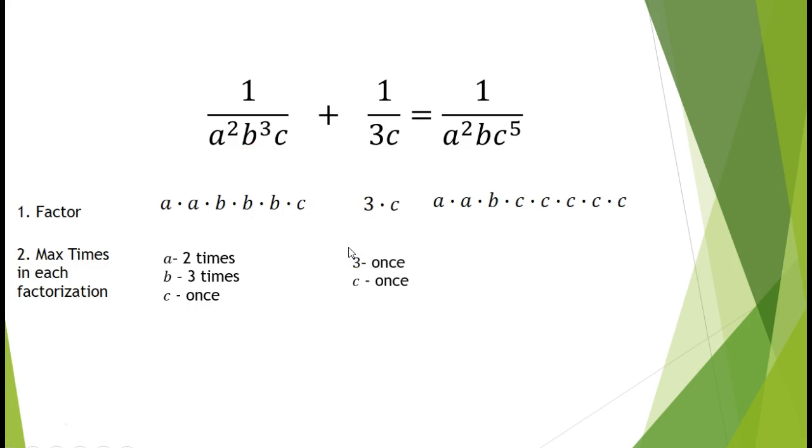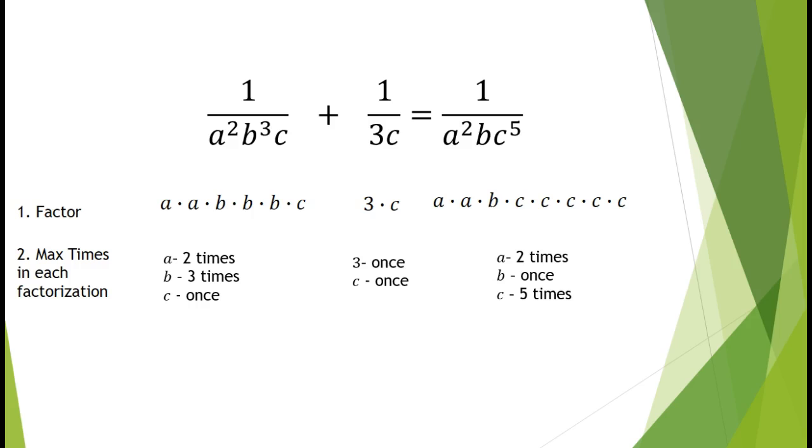For the next expression, B was used once, and C was only used once. And finally, when I look at the third expression, I have A times A. A is used 2 times, B is used once, and C is used a whopping 5 times.